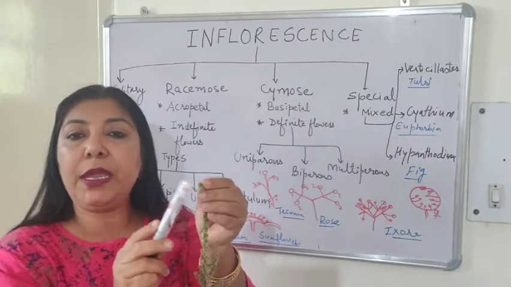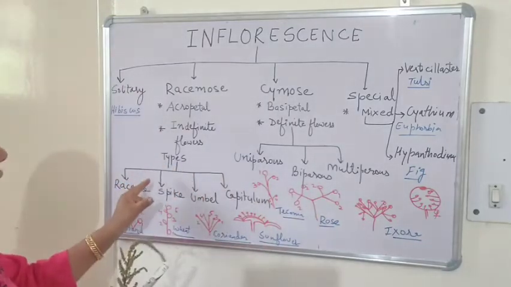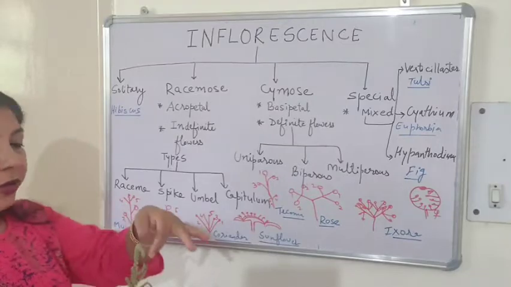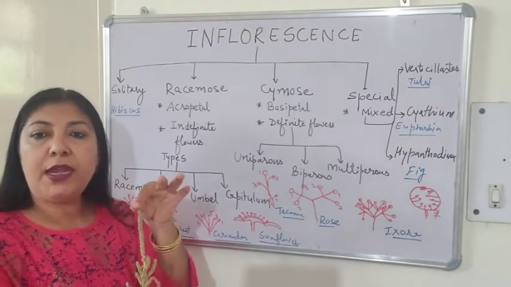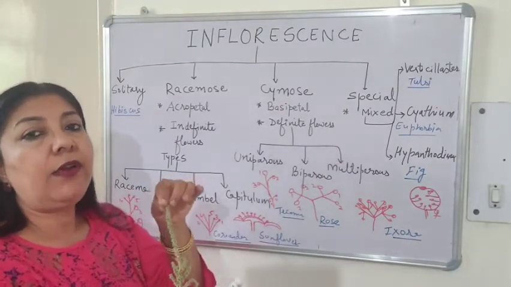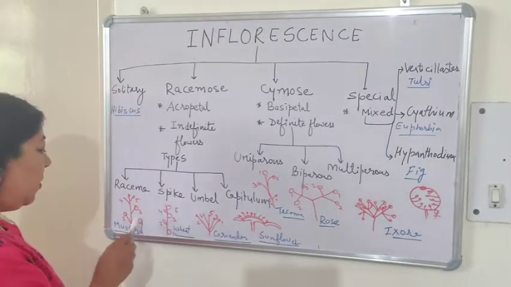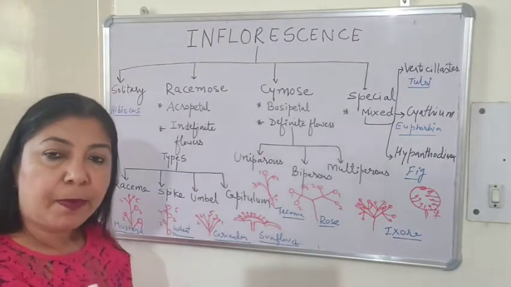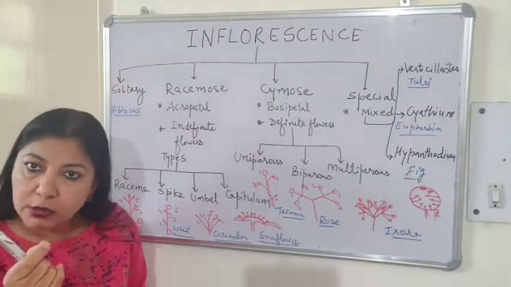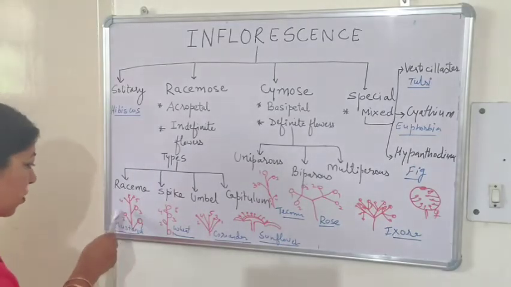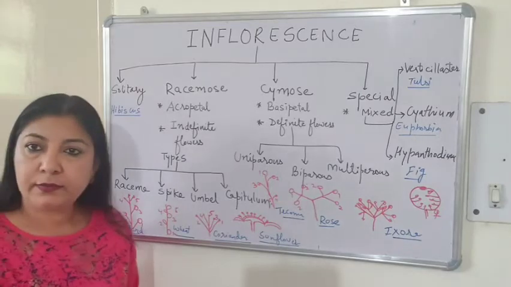It will never be a flower. In case of racemose, the top portion will never terminate into a flower. It will always remain a bud. Okay, so in raceme, the flowers have got stalks. You can see this is stalk, this is stalk, this is stalk.